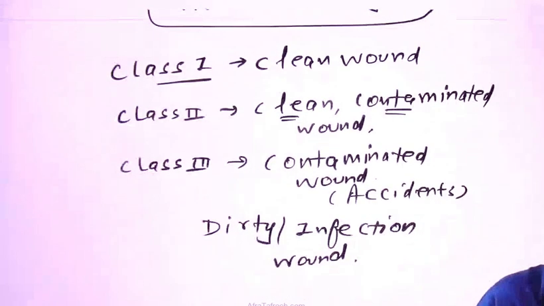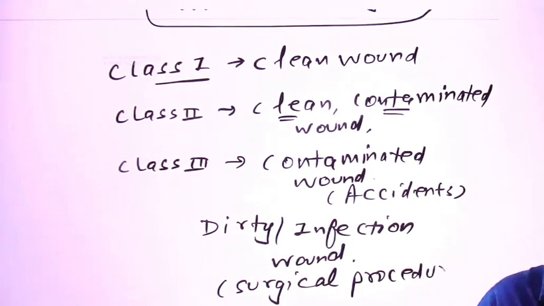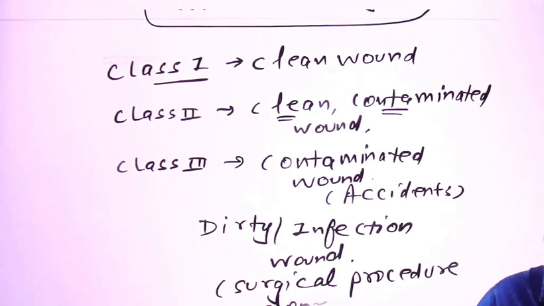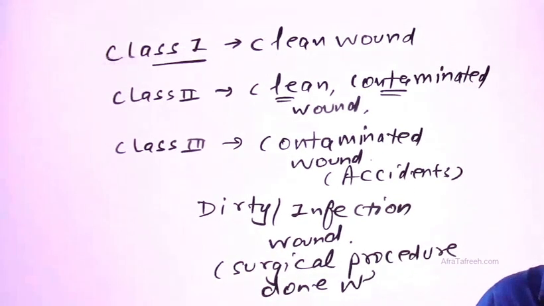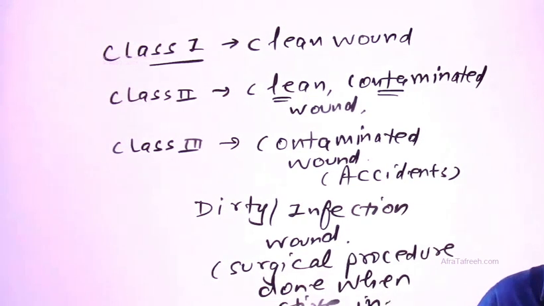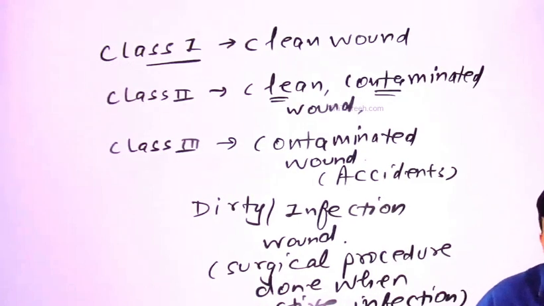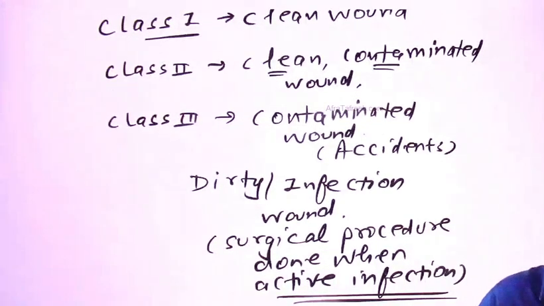And in this, the surgical procedure is done in them when active infection was there. Already it was having an infection and it was being operated. So that leads to what?